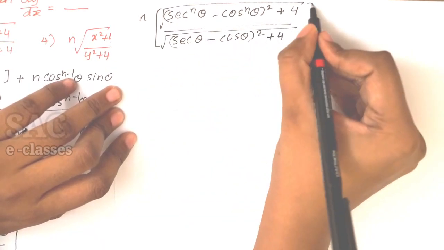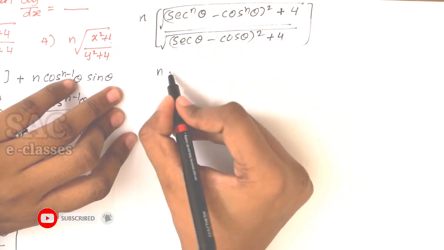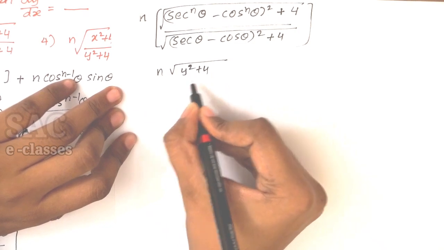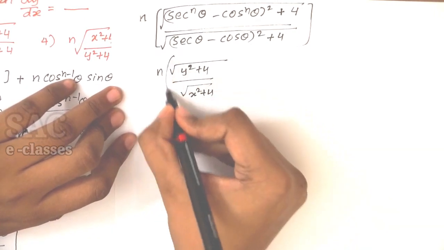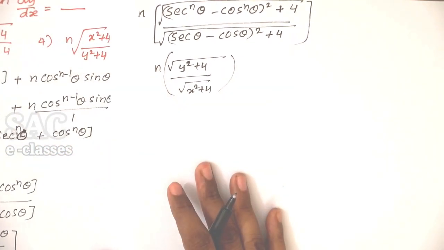So n into, we know that secant power n theta minus cos power n theta is y, and secant theta minus cos theta is x, so root over y square plus 4 by root over x square plus 4. So the option is 2.